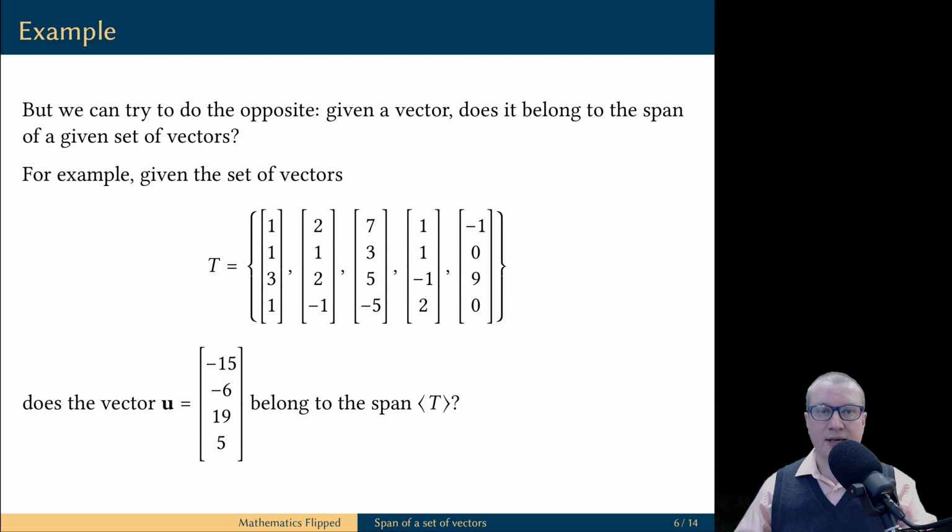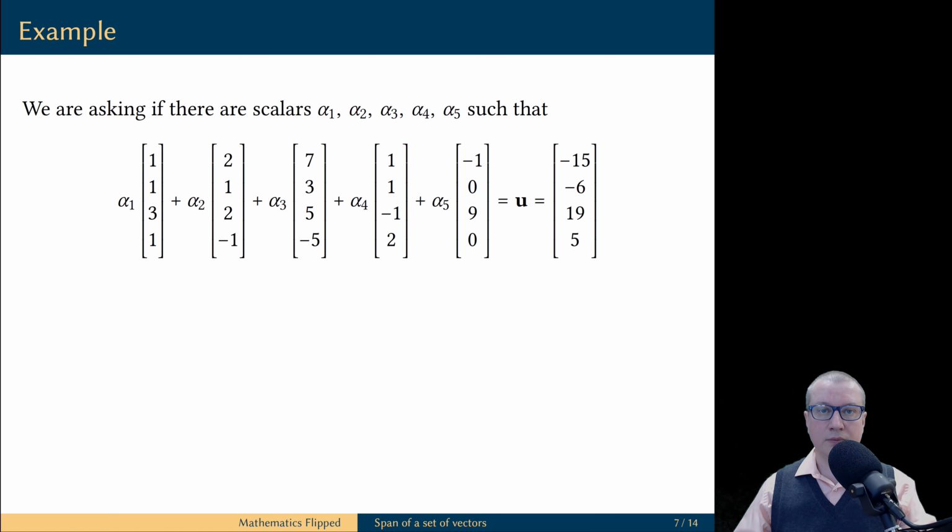So let's take the same set of vectors T as in the previous example, and now we are given a specific vector U, and we would like to know whether this vector U belongs to the span of the set T. The vector U belongs to the span as long as it can be represented as a linear combination of the given vectors from the set T. In other words, we are asking if there are values of scalars alpha1 through alpha5 which make the linear combination of the vectors from the set T equal to the given vector U.